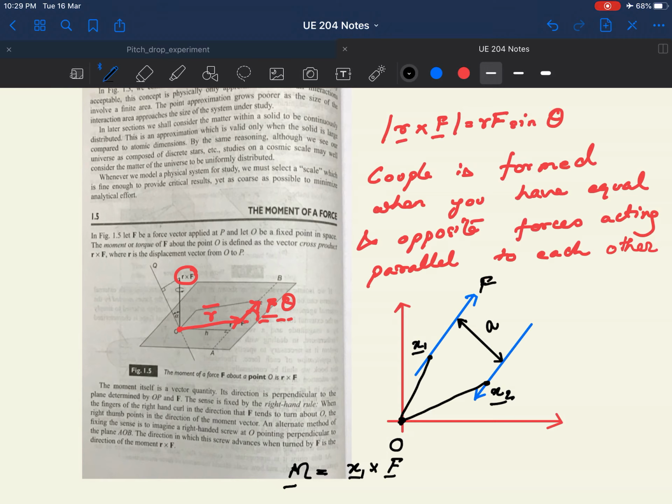So, this is f, let us say this is just minus f, right. So, this is now minus x2 cross f, which is x1 minus x2 cross f, so this is a vector and then f vector, right.